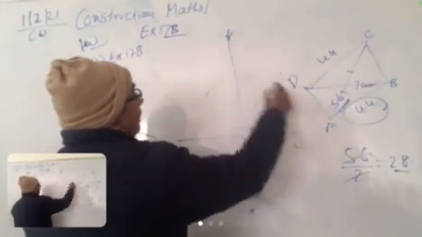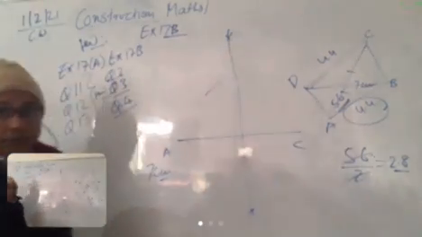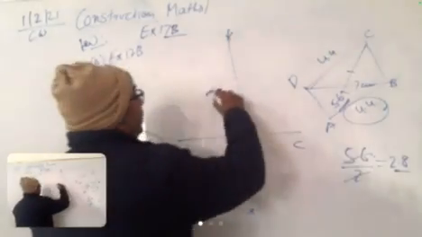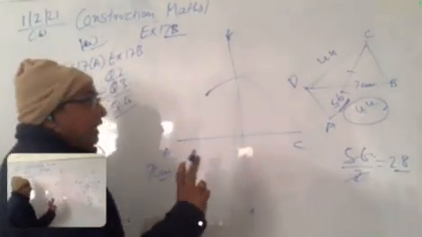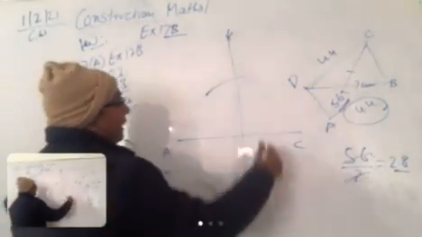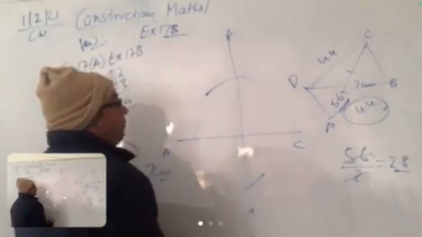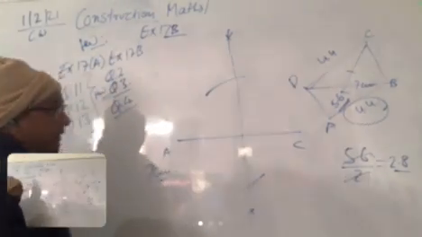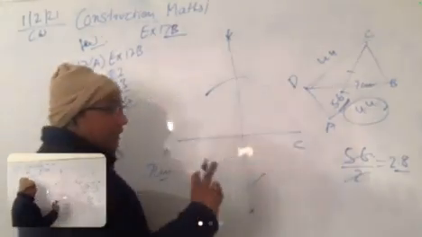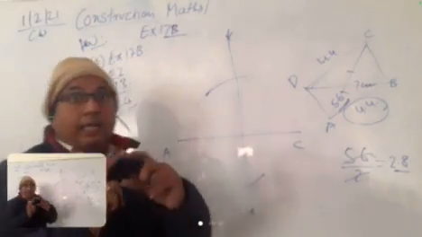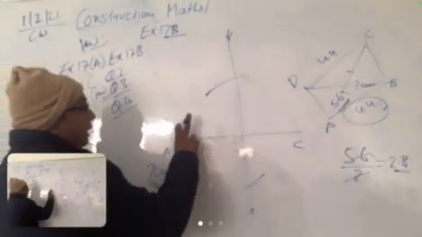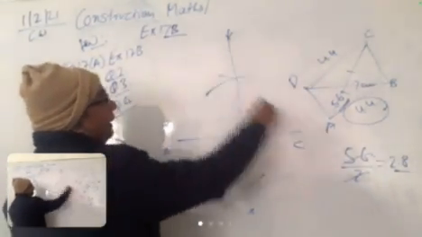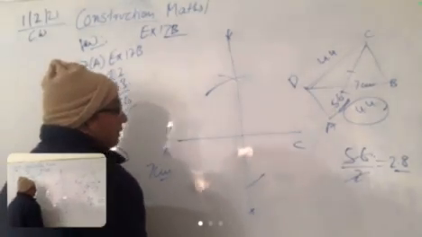Mark anywhere, it can be anywhere. Just mark an arc of 2.8, take a radius of 2.8 and mark here and here also. Now put the compass at A and take a radius of 4.4, and cut the previous arc.